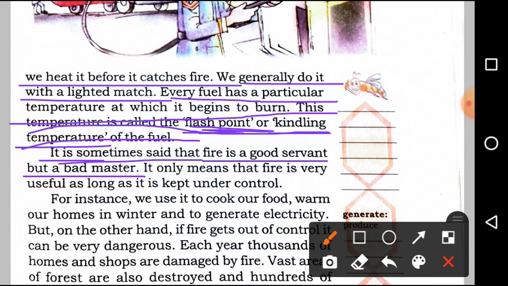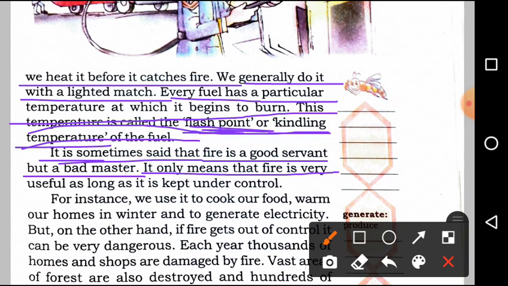But when fire gets out of control, then it becomes the master, and then fire turns into a bad master. Because as you can see, in many cities, many slum areas or many crowded areas, when it catches fire, it is really very hard for the fire brigade teams to control that fire. That's why it is called bad master.